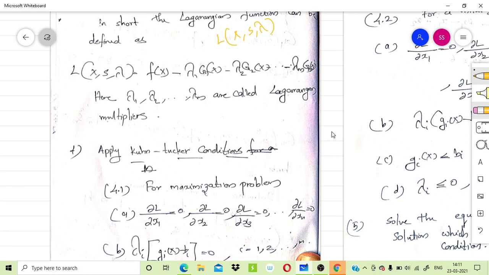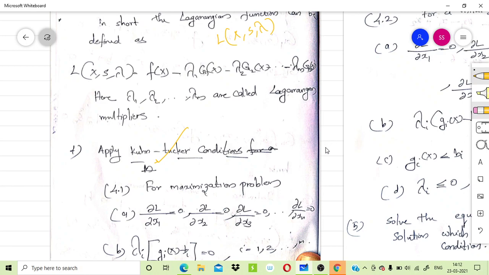These are the conditions defined by the scientists Kuhn and Tucker, and they will be satisfied by this Lagrangian function and the entire constrained optimization problem.